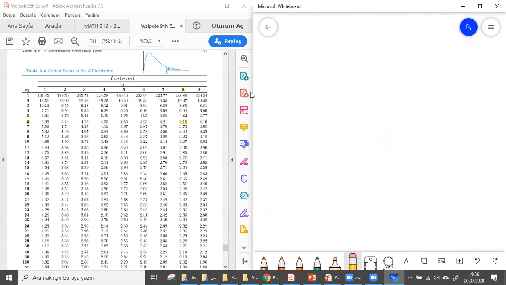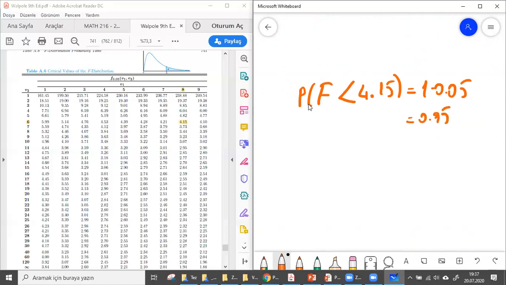This is the probability that your F random variable is smaller than 4.15, right? That's equal to 1 minus 0.05, which is equal to 0.95. But this F random variable has how many degrees of freedom? With 8 and what? 6 degrees of freedom, right?